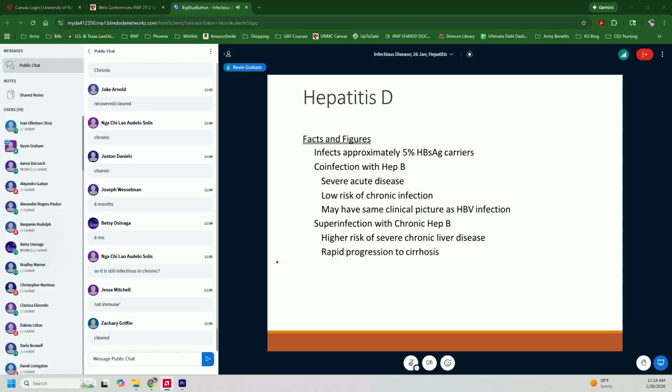So if you have somebody that's positive for hepatitis D, they are automatically also positive for hepatitis B, though not necessarily the other way around. And if you get a superinfection with chronic hepatitis B and hepatitis D, there's a significantly higher risk of chronic liver disease, cancers, etc.